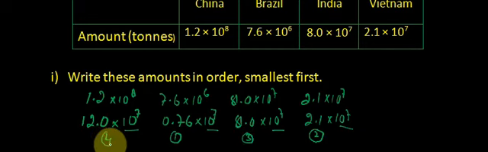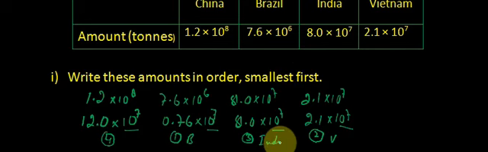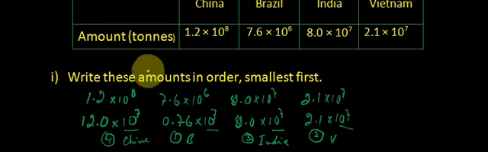So first comes 0.76 from Brazil, and second is 2.1 from Vietnam, and third is 8.0 from India, and then 12 from China. So China is the most rice-producing country in 2002.